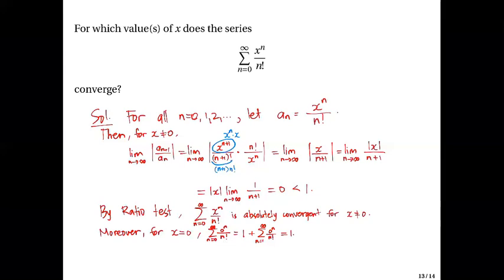Therefore, the series of x to the n over n factorial, n from 0 to plus infinity, is convergent for any real number x. And that's the solution for this problem.